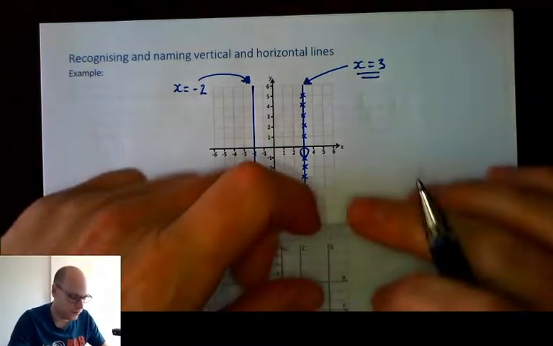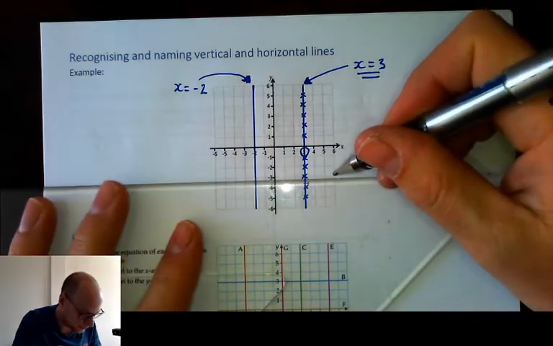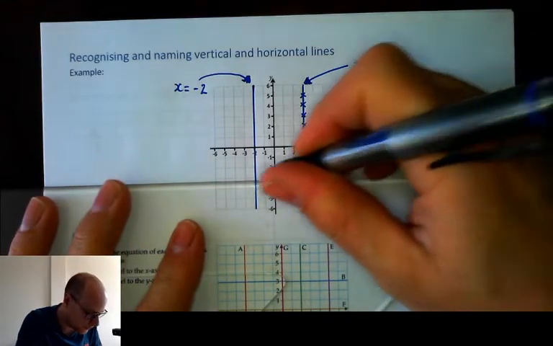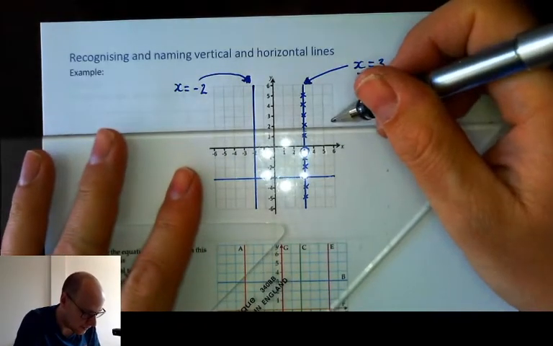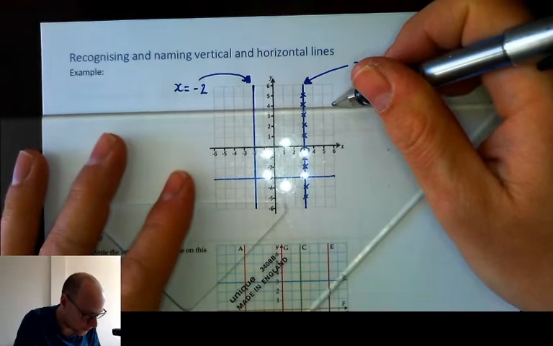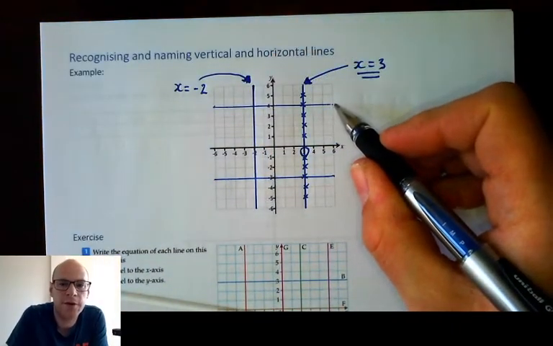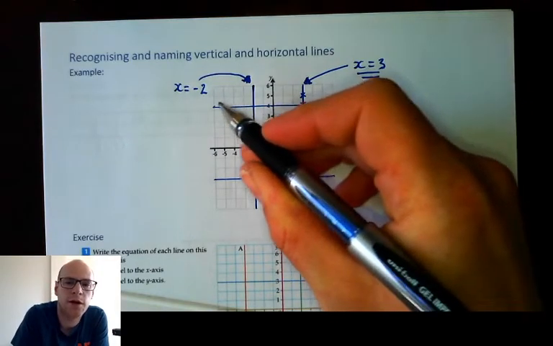The horizontal ones are similar. So if we have a look at this one first, it's a horizontal line.